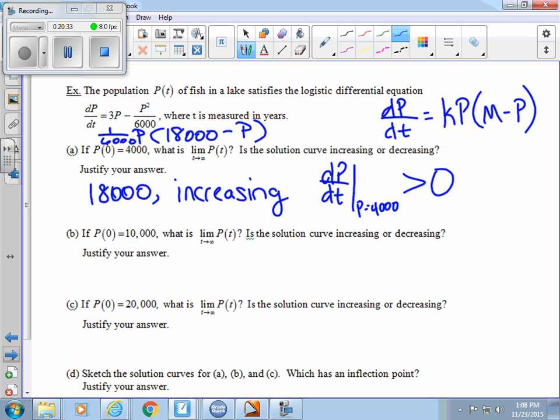If the initial population is 10,000, what's the limit as T approaches infinity? What about when P of 0 is 20,000?